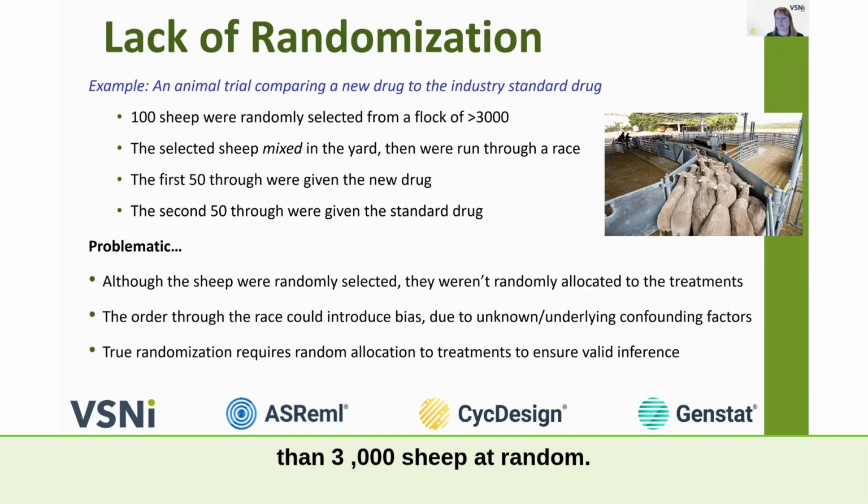They were then allowed to mix in the yard and run through a race, very similar to the one shown in the picture on the slide. So the first 50 through that race were given the new drug, and the second 50 through the race were given the standard treatment.